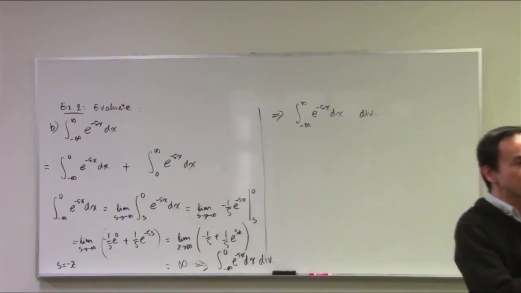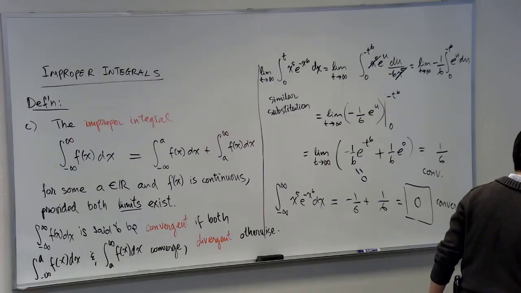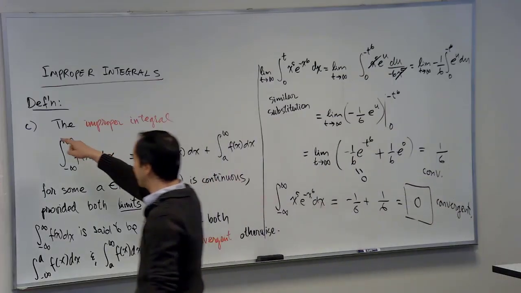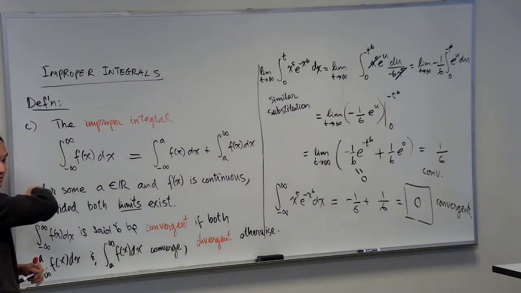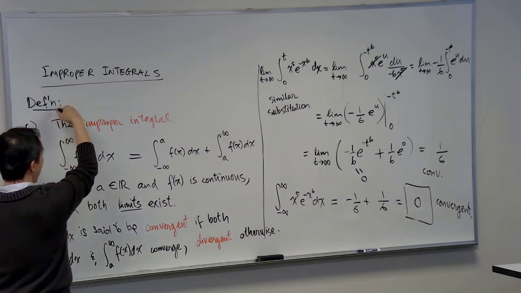If you go back to these, it's pretty much the same definition, but I extended it to three separate sub-definitions: definition A, B, and C. We are currently at definition C right here. Why don't you go back to the beginning one?